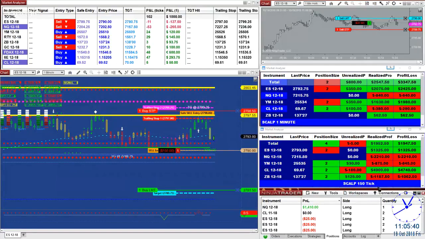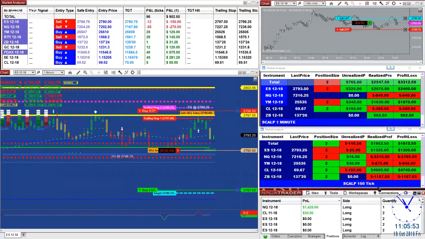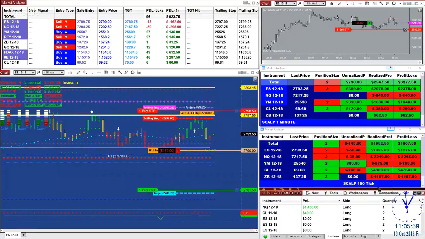It's very easy to use, but I want to release it when everybody knows how to use it. I'm not going to release it and then teach you how to use it. Only those who are eligible for the auto trade will get the auto trade.